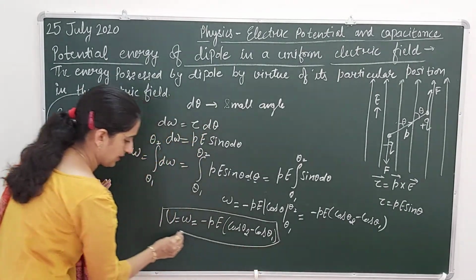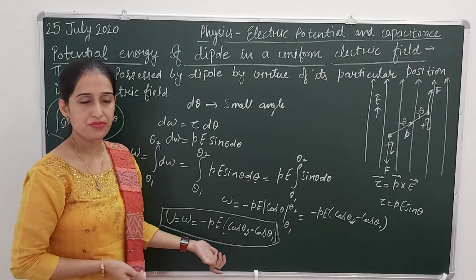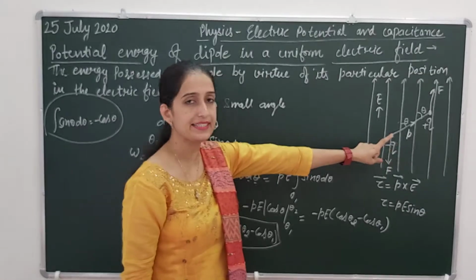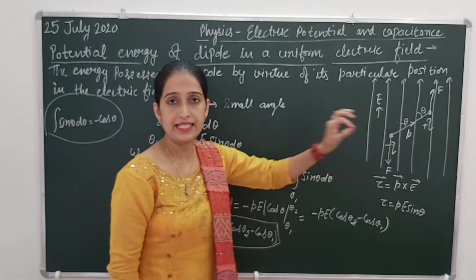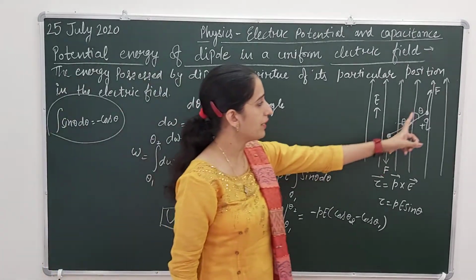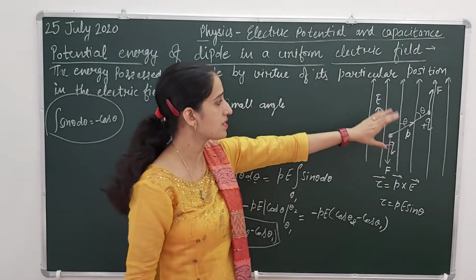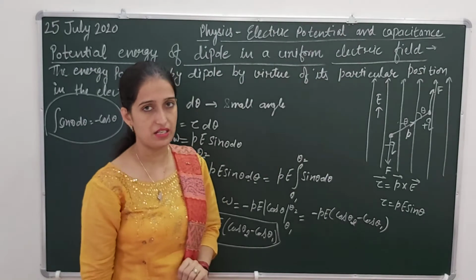I hope this concept is clear to you. I am just repeating this thing. Whenever a dipole is present in the electric field, there is a tau acting on it because of these equal and opposite charges. So equal and opposite force is acting on it due to the presence of this external field.